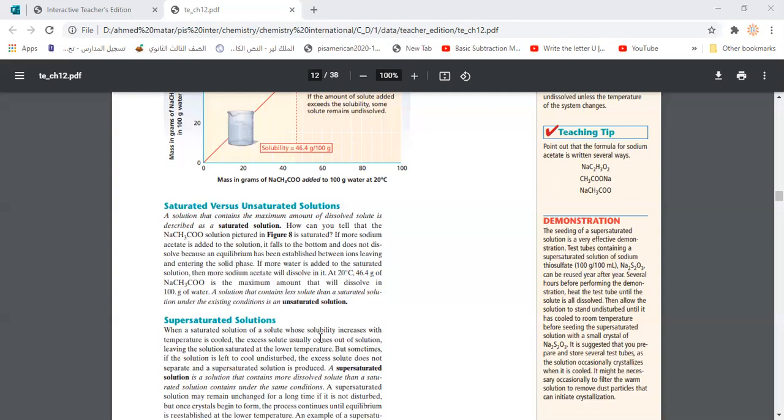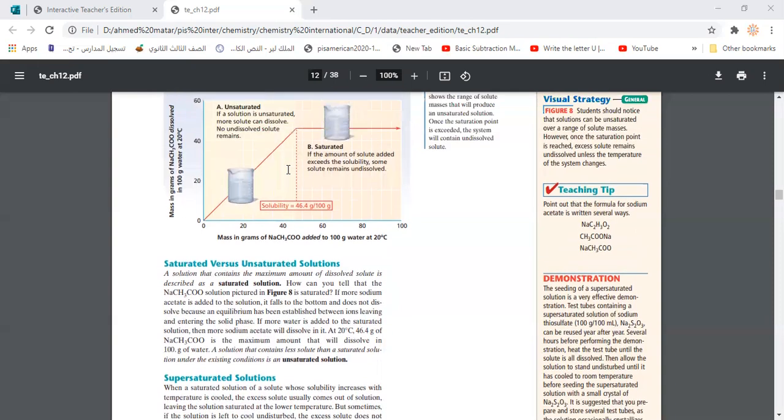If already in a saturated solution all the spaces between the solvent particles are filled by solid, we are just going to use one of the factors I mentioned before that affect solubility, which is temperature, or heating. So if you want to make a supersaturated solution of sodium acetate, that's the example we used.